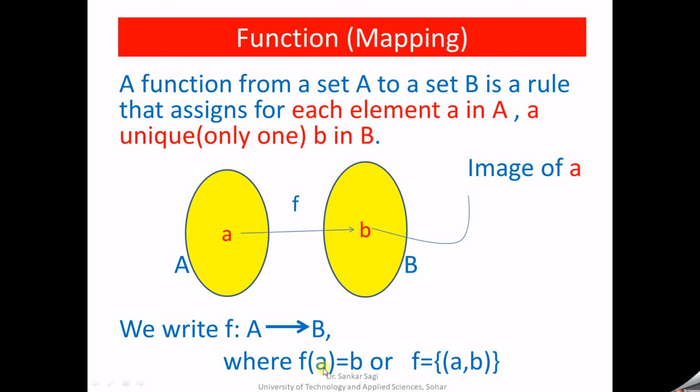It tells that the element small a is mapped to the element small b of the set B, and this function f can be written as f is equal to the set consisting of ordered pairs (a, b). So these are the two notations: we can write f of a is equal to b, or f is equal to the set containing the ordered pairs (a, b).